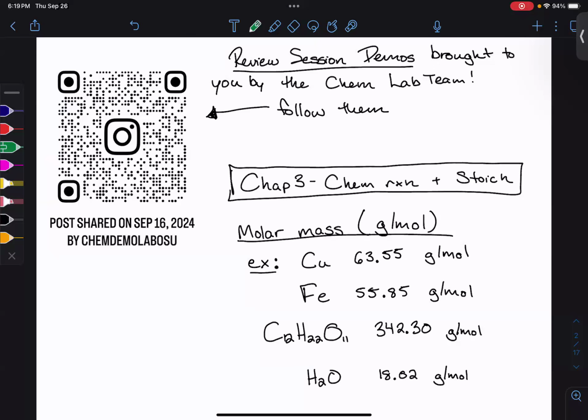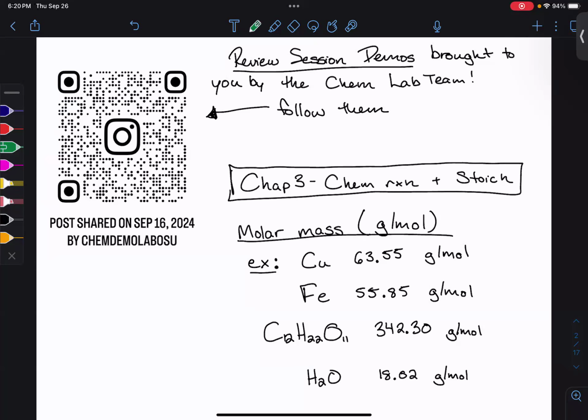So if this is 18 grams, there's only about 18 milliliters in here, all right? You know how much about 18 milliliters is. It's not that much. It's a little bit more than a tablespoon. That tablespoon of water contains 6.022 times 10 to the 23 particles, all jammed in there, all right? So that's kind of the power of molar masses.